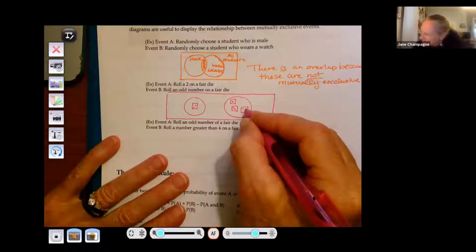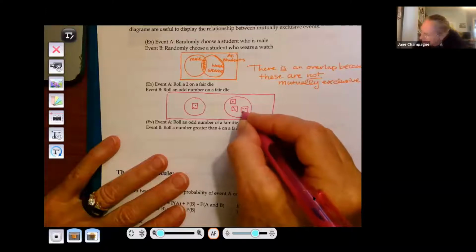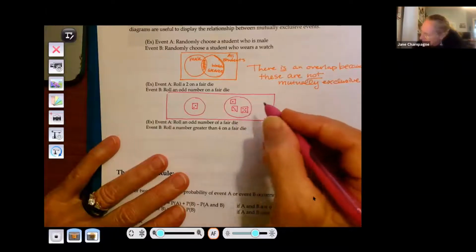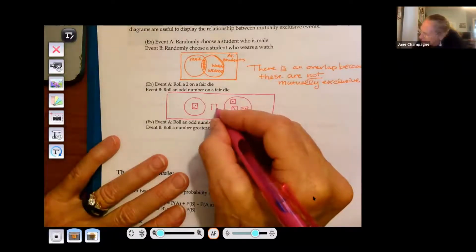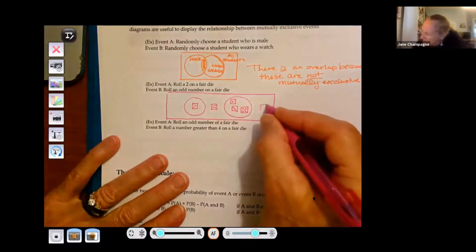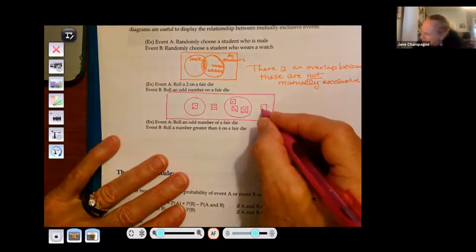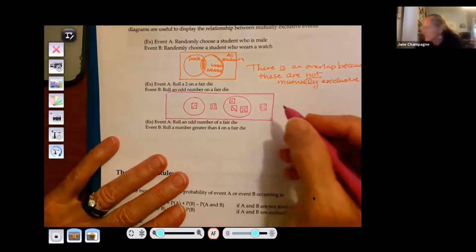Rolling an odd number, that's a 1, 3, or 5. That's a separate set of outcomes, right? An odd number, 1, 3, or 5. Right, so I guess 4 and 6 are out here somewhere. 1, 2, 3, 4, 5, 6. All right, there's all the outcomes.